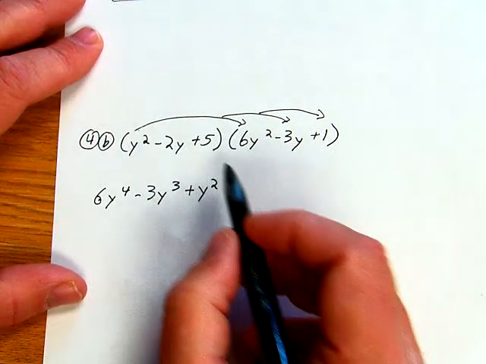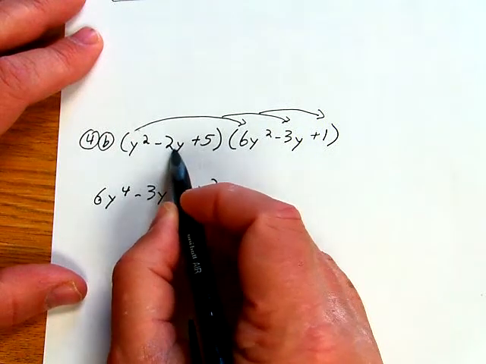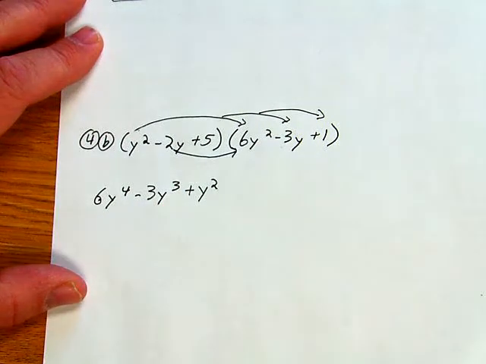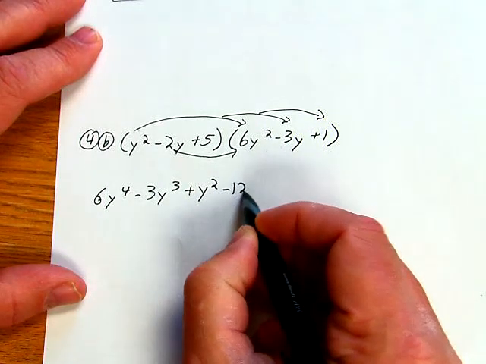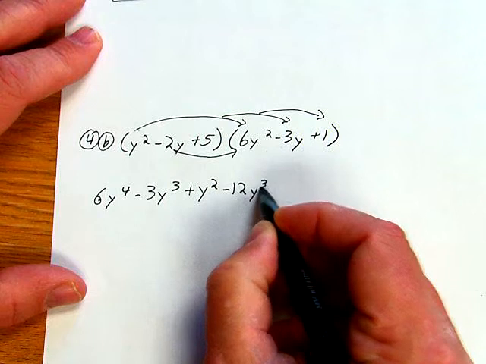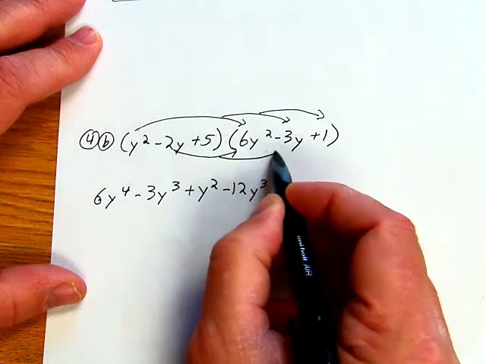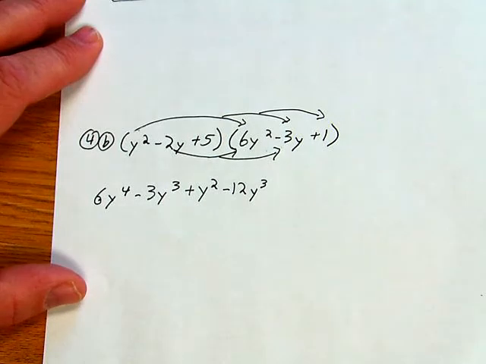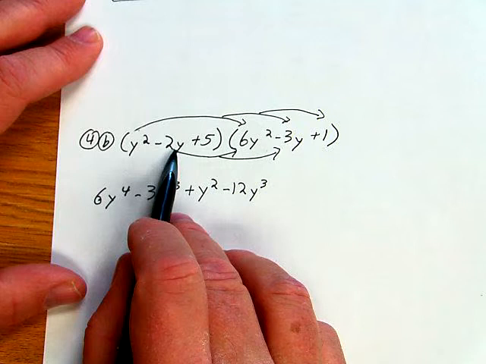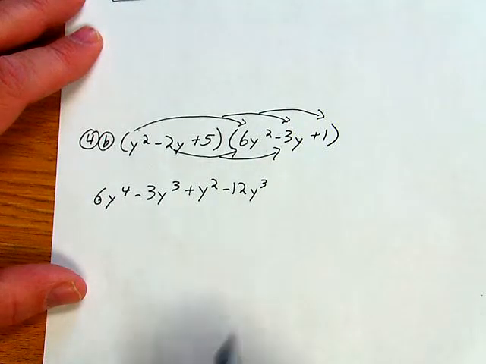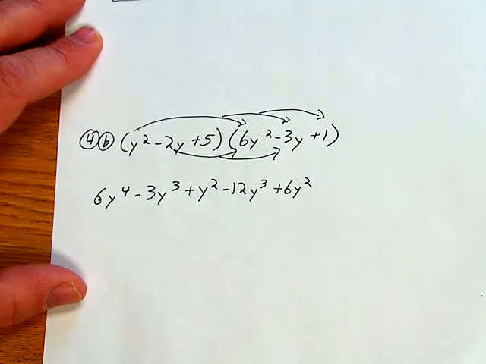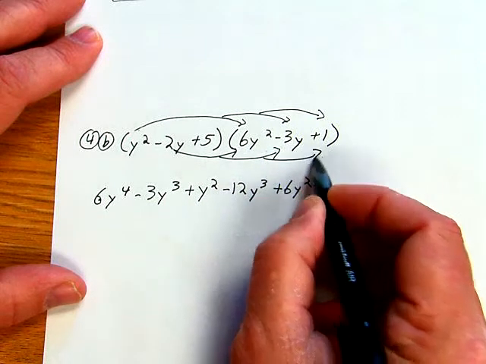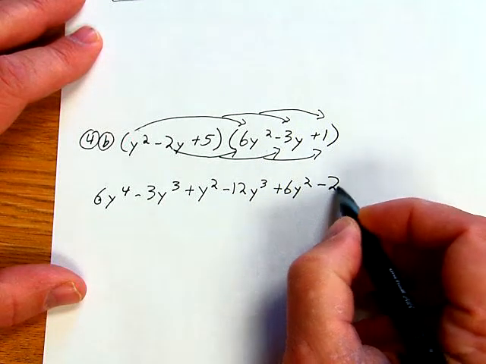Now I'm going to do the middle term. Carry it over. Negative 2y times 6y squared is negative 12y cubed. Carry that line on again. Negative 2y times negative 3y is positive 6y squared. And I finally carry it on to the 1. I get a negative 2y.